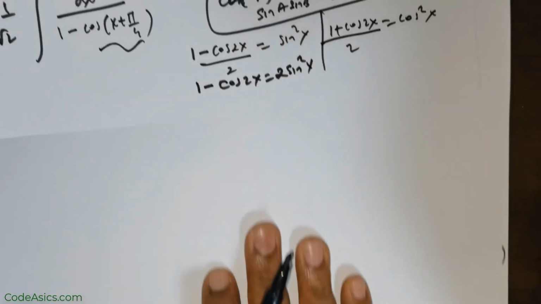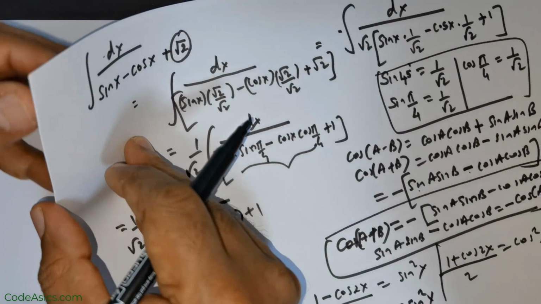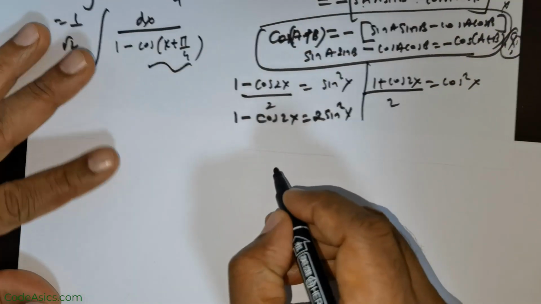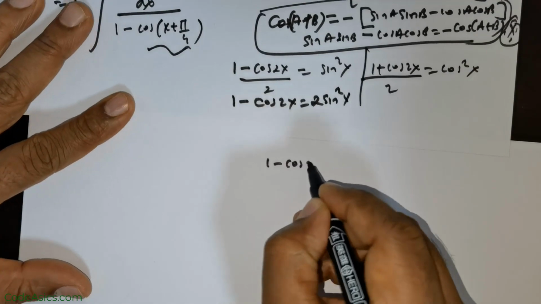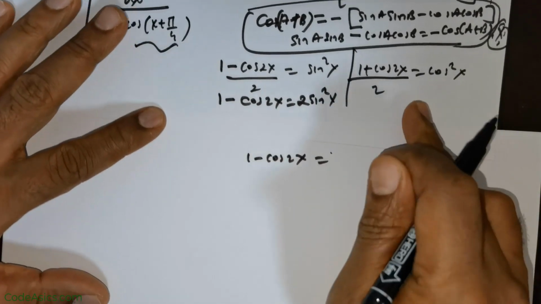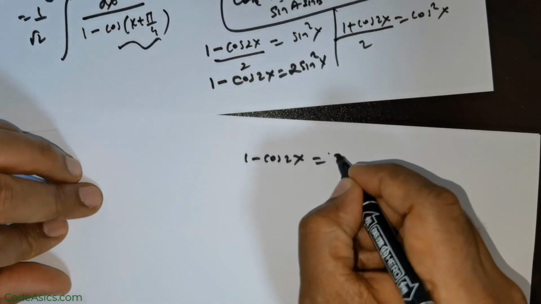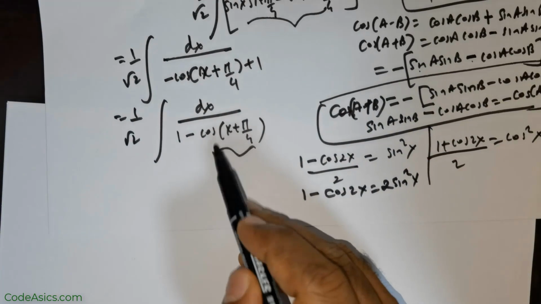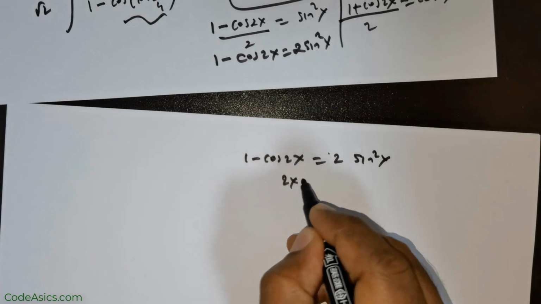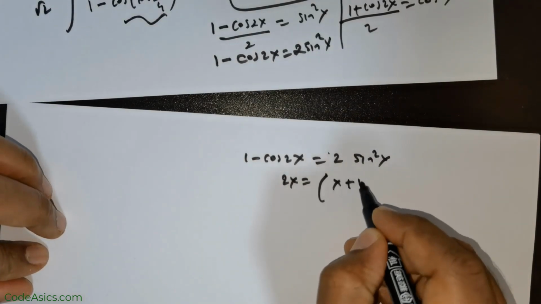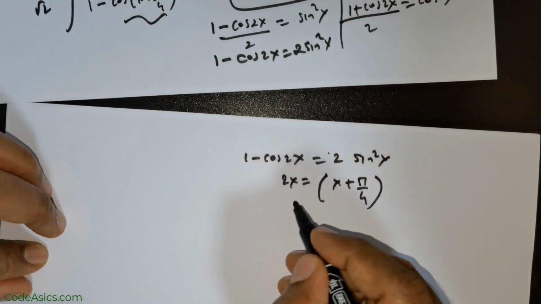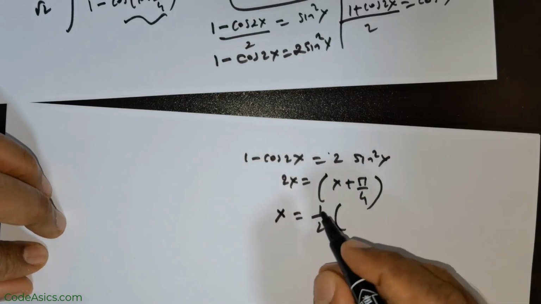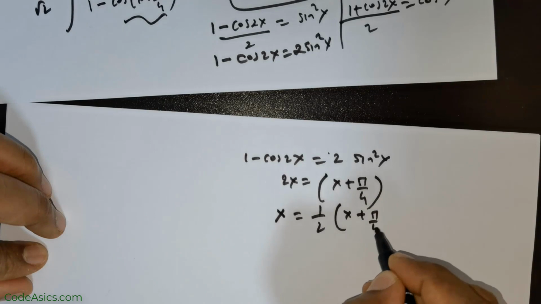So let me go to the next page. So let me write that down. So we got 1 negative cos 2x is equal to 2 times sine squared x. But what do we have? We got in place of 2x I've got x positive pi over 4. So what is x? X is nothing but, bring this 2, you get 1 over 2 times x positive pi over 4.